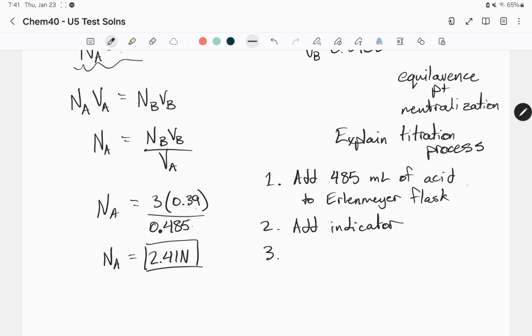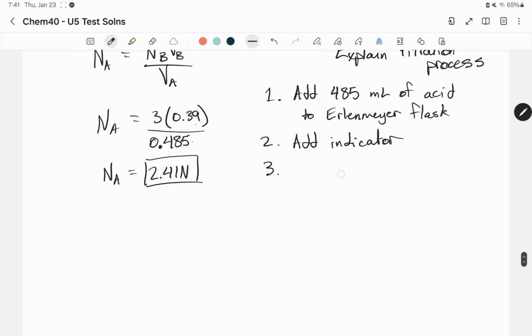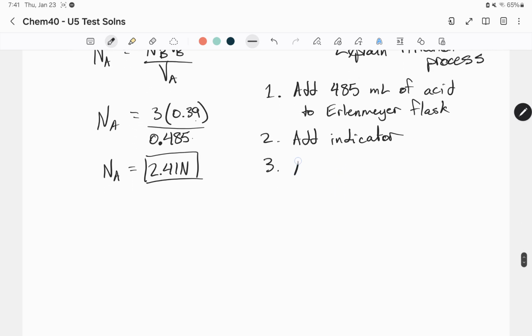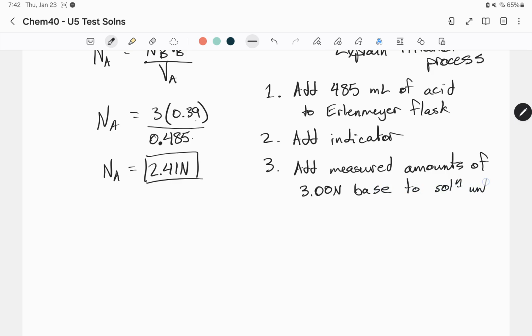And I'm abbreviating this for the sake of speed. And then we will add measured amounts of the 3.00 normality base to the solution until the indicator shows that the solution is neutral. Okay, and that is question 2.